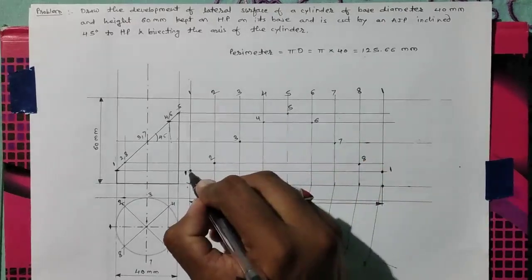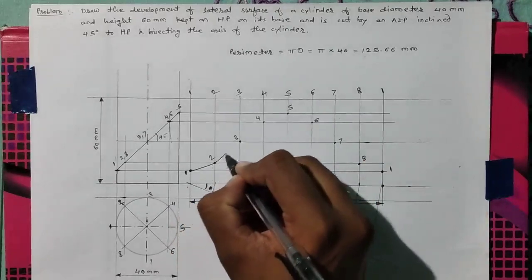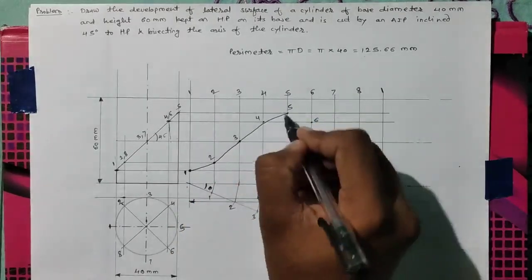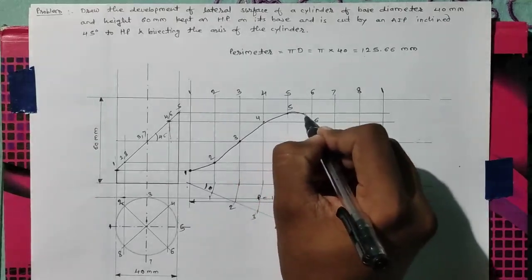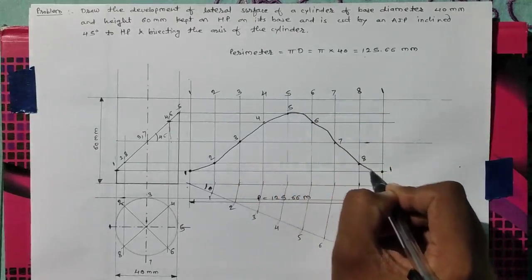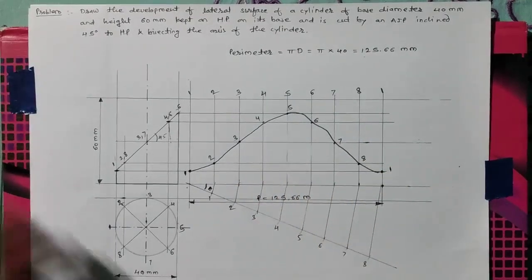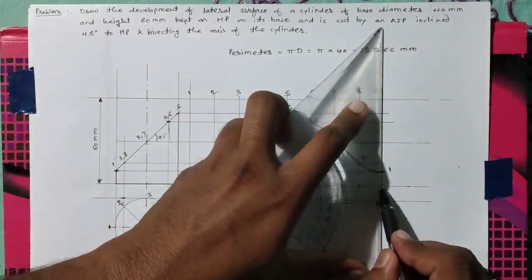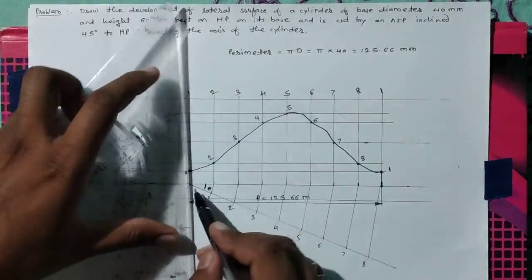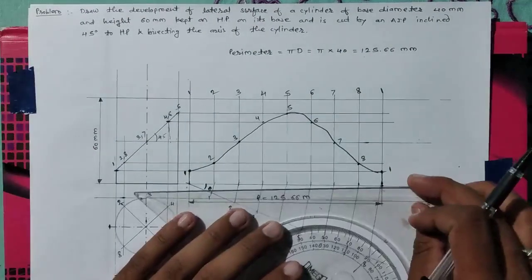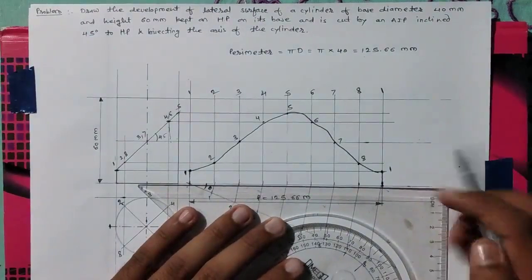We have to draw a smooth curve from all these points. We are drawing a smooth curve from all these points, and after drawing this smooth curve, we have to make the remaining part a dark line.